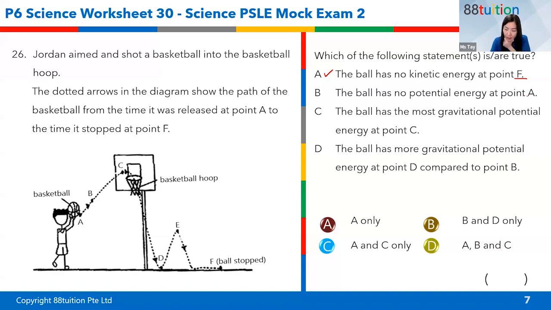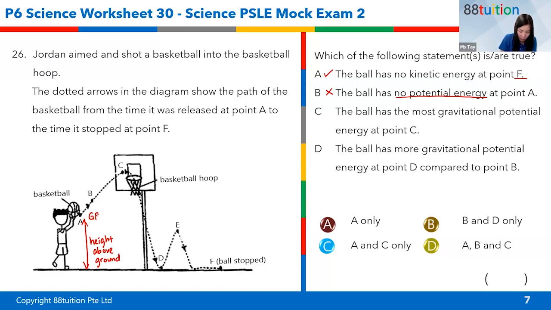Okay, so why is it that this one is not true? Yeah, it's above ground. It is at a height. Very good. So no potential energy is wrong. At point A, there is this height above ground, meaning there will be gravitational potential energy.